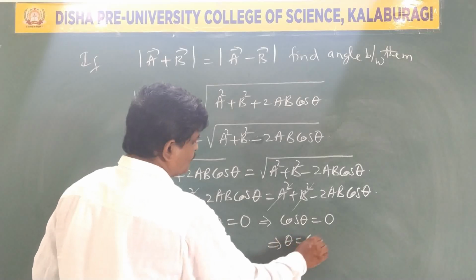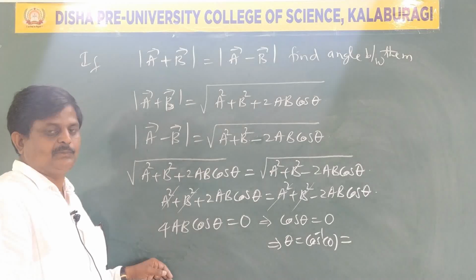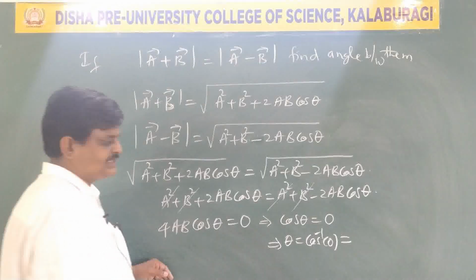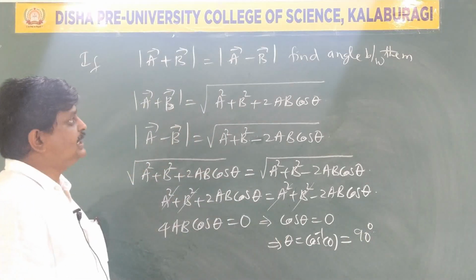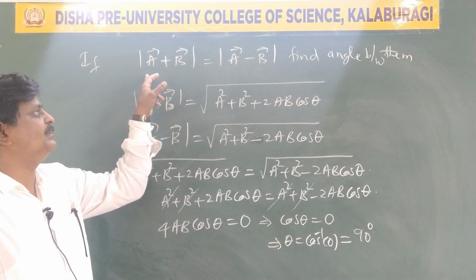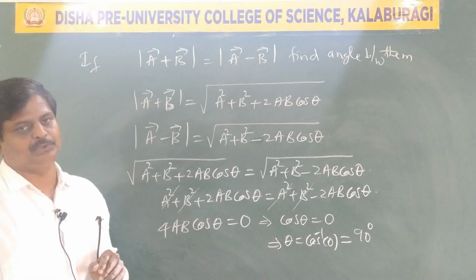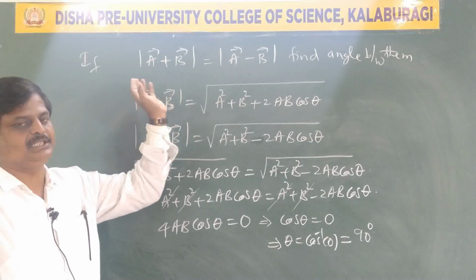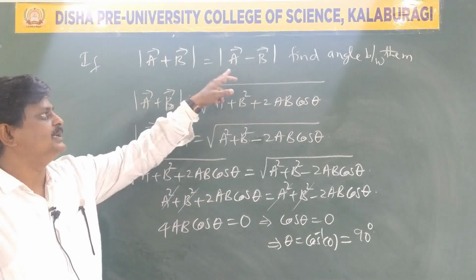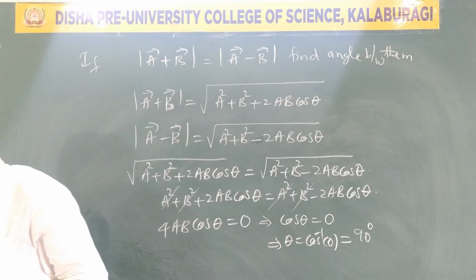Theta is equal to cos inverse of 0. For what angle will cos take the value 0? 90 degree. So this is how you can find the angle between the vectors when the sum of two vectors is equal to the difference of those two vectors. What does it infer? The sum of two vectors means the resultant is maximum, and the difference of two vectors means the resultant is minimum.